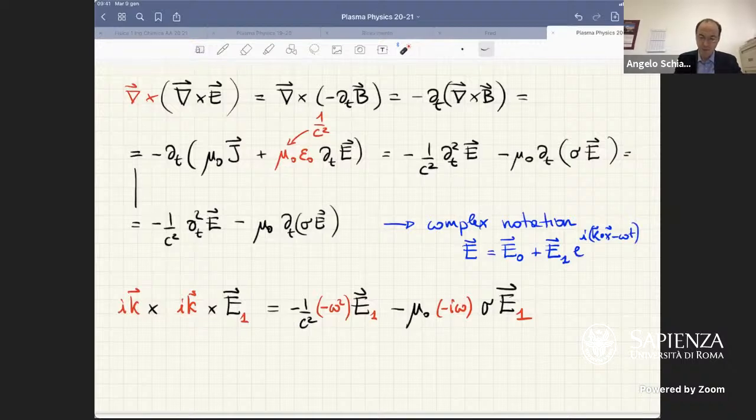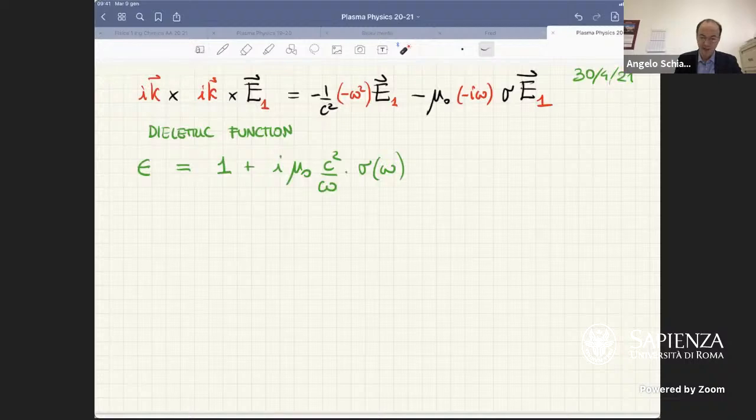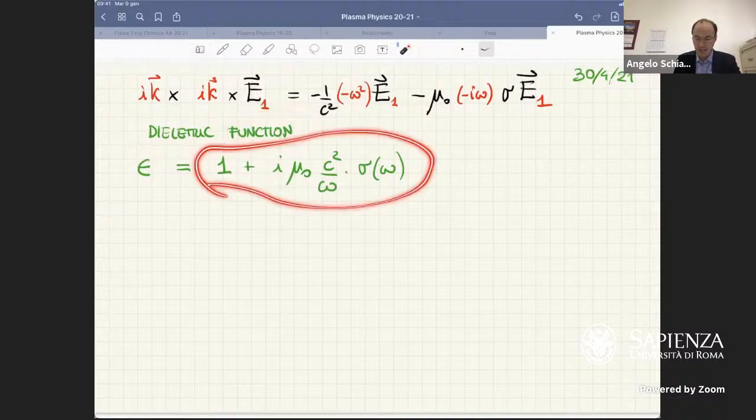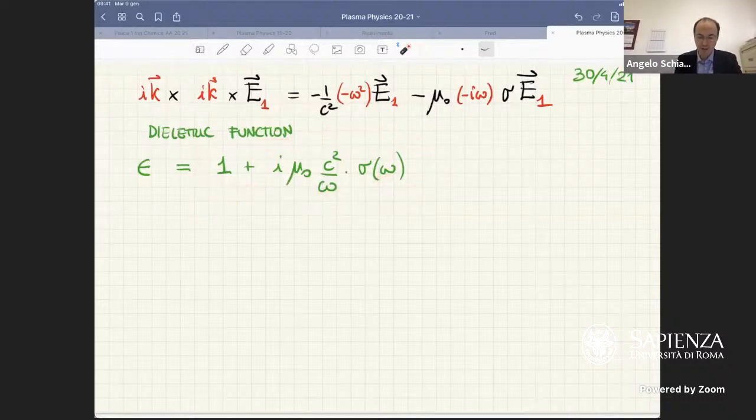But now we introduce something which has more or less the same meaning, but instead of a constant is defined as a function, because as you can see here, it is depending mainly on the frequency of the wave we are considering.